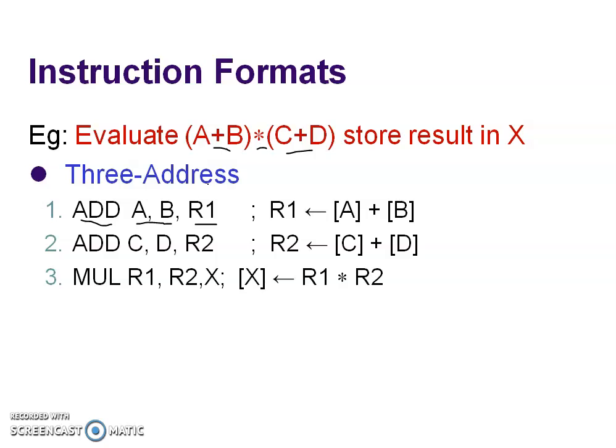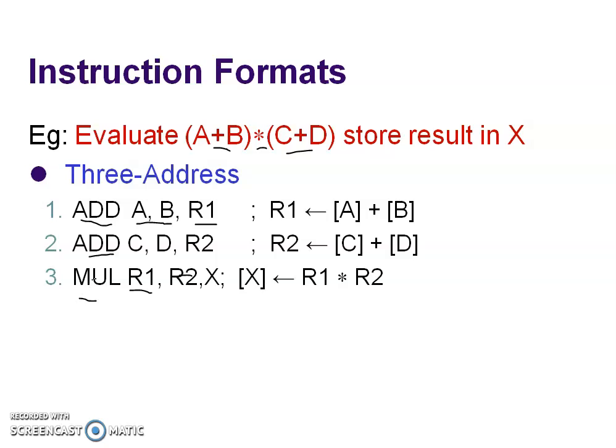Then the second operation is C plus D. For that instruction you can write in a similar way, add C comma D, and the result will be stored in register R2. Currently R1 and R2 have the results of those two addition operations, and the results stored in R1 and R2 need to be multiplied.